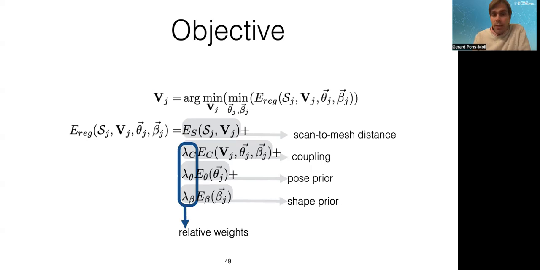So these weights here are relative weights that need to be set in order to obtain a good behavior in the optimization. And in fact, setting these weights correctly is very important. So it's important to understand what each of these terms is doing, and we will see this next.